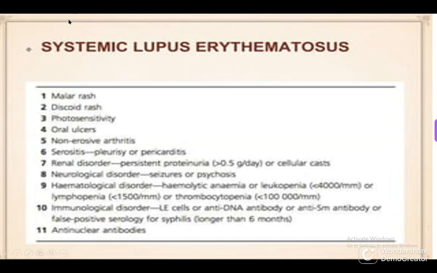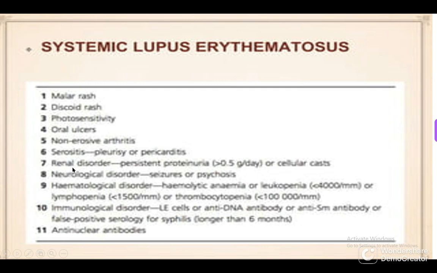Now these are the diagnostic criteria of SLE, the disseminated lupus erythematosus. There will be malar rash, discoid rash, photosensitivity. These three are the skin lesions out of 11. Oral ulceration is a part of it, and non-erosive arthritis and serositis. Then the renal disorder, which you can demonstrate.